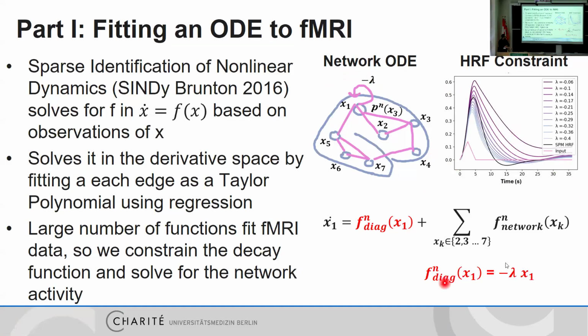And then we're going to solve the network terms. You need these constraints because without them, you don't really get any realistic solutions. There's a lot of functions that fit fMRI data, so constraining things, especially in a data-driven approach, is very important to get realistic answers.